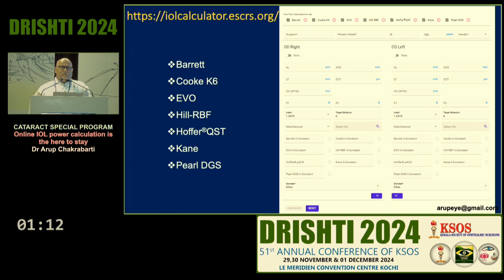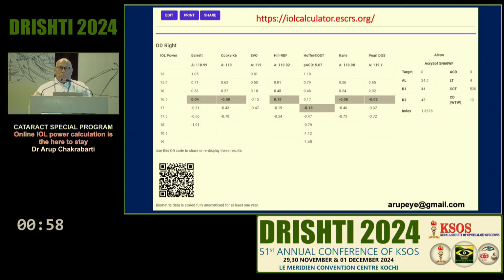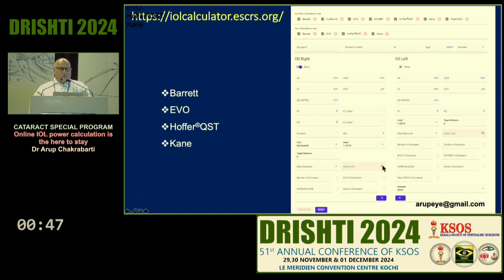The beauty of this formula is once you input your biometric parameters, you fill in the fields, this particular site itself approaches the 7 formulas, all these well-known formulas, and then calculates the IOL power. So, for example, if I'm going to use the IQ lens for a given patient, and say 16.5 is the power suggestion for all these 7 formulas, I can decide which power I want to employ.